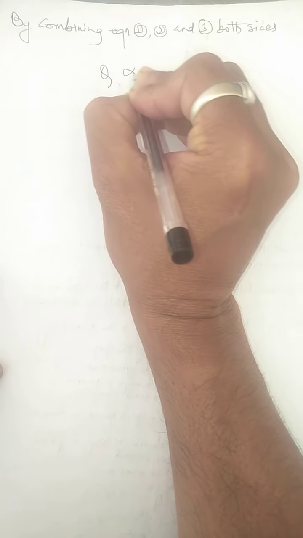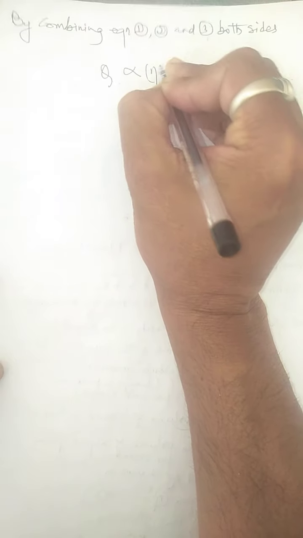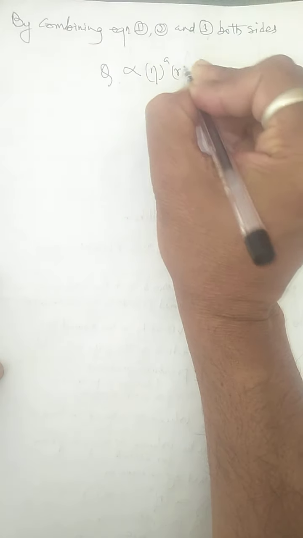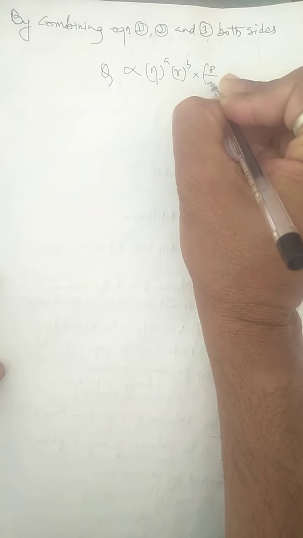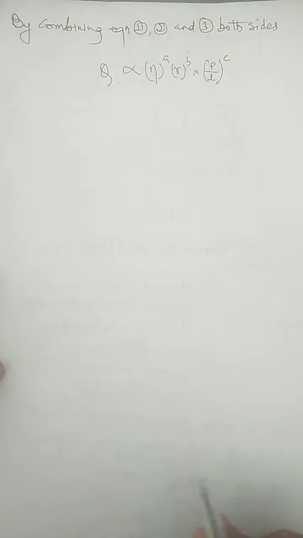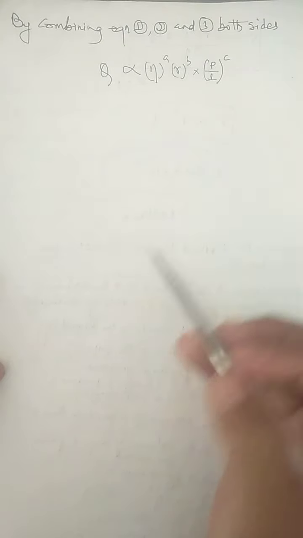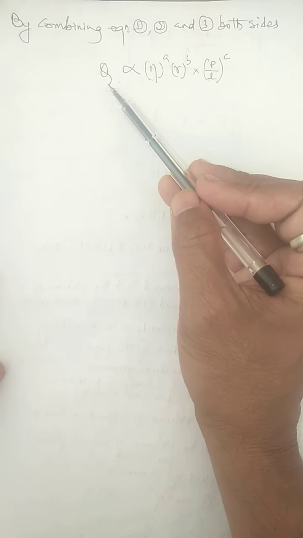I write the equation as Q is proportional to eta to the power A, R to the power B, and P by L with power C. I have already considered equations 1, 2 and 3, so I combine both sides, left hand side and right hand side, and your left hand side is Q.